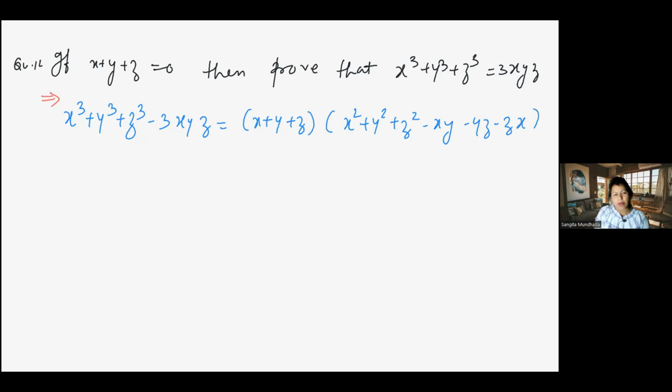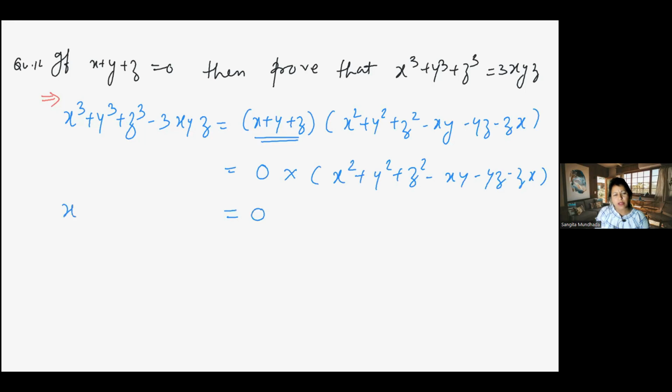Now, if x plus y plus z is equal to 0, if I put in place of this 0, 0 into this bracket, 0 into anything, answer is 0. So, minus xy minus yz minus zx, 0 into anything is equal to 0.